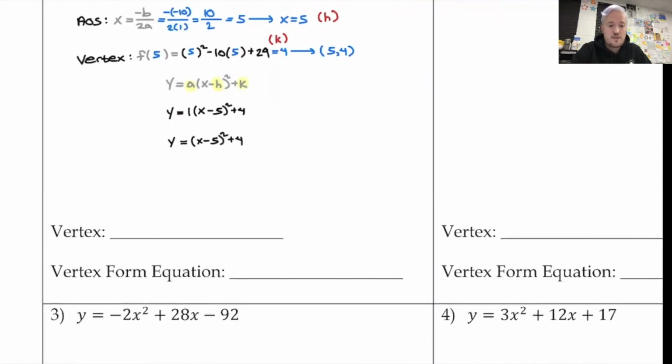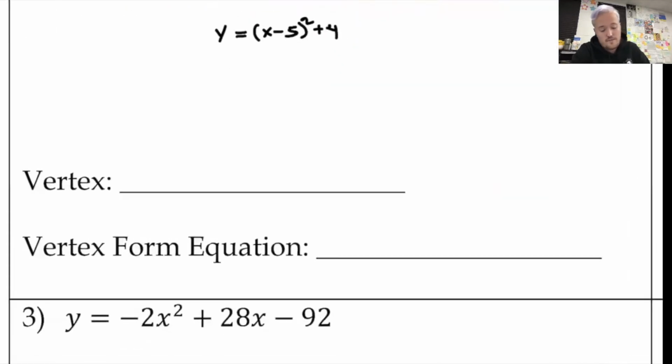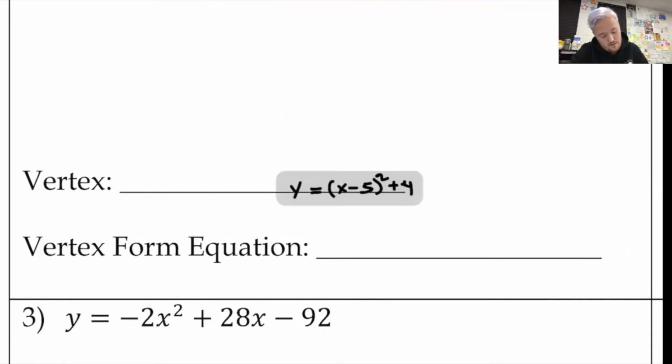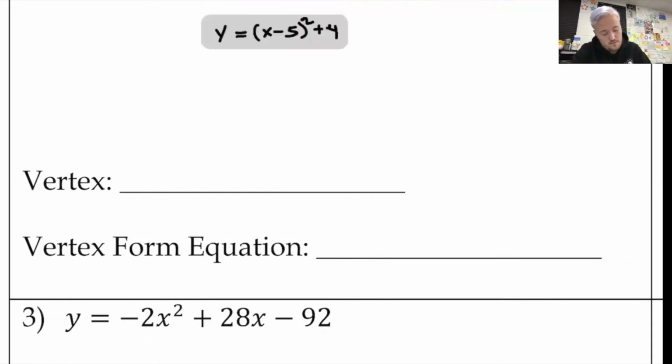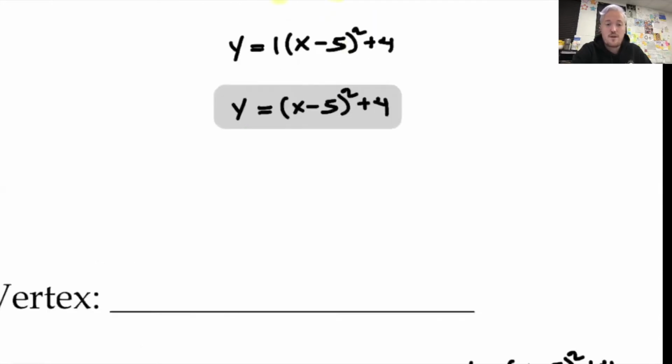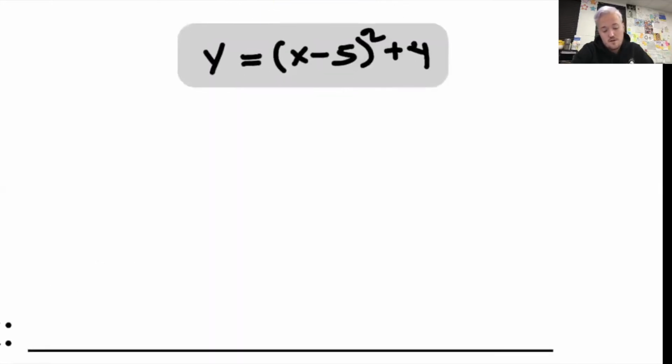The questions down here ask you to find the vertex and identify the vertex form. We just did vertex form. There's your vertex form equation that we just found. Now we want to take the vertex. We know the vertex is 5, 4, but if you ever want to take the vertex out of the equation, just know this is your x value, this is your y value.